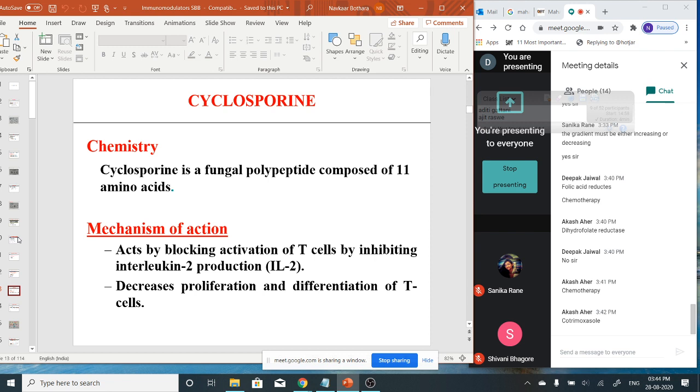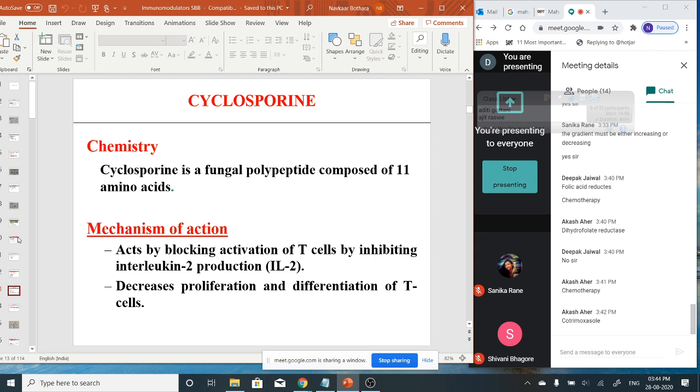So it is a fungal polypeptide composed of 11 amino acids. It blocks activation of T cells by inhibiting interleukin 2 production. It decreases proliferation. We have seen interleukin plays a very important role in proliferation and differentiation of T cells. So if it is not available, there will be a decrease in the proliferation and differentiation of T cells.